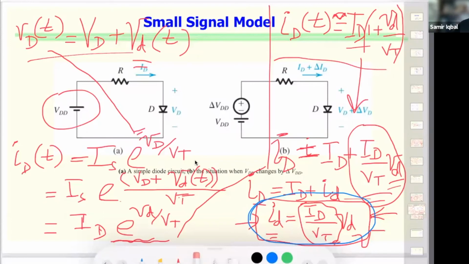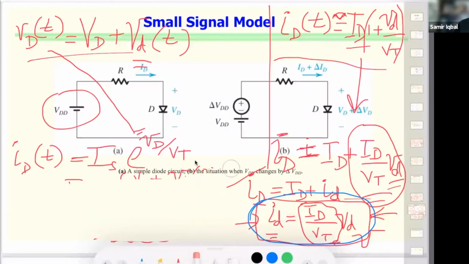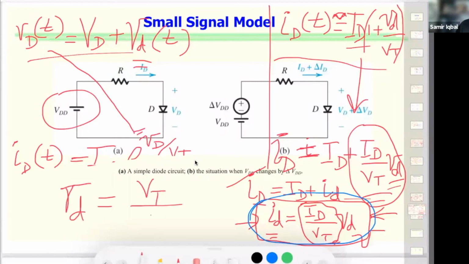What it does is if you flip it, we get what we call diode small signal resistance, and we write that as RD, small signal resistance, and that's VT over ID.